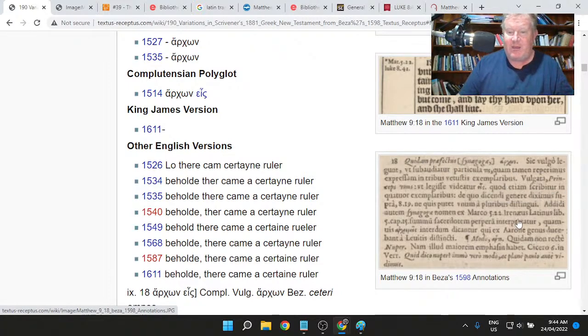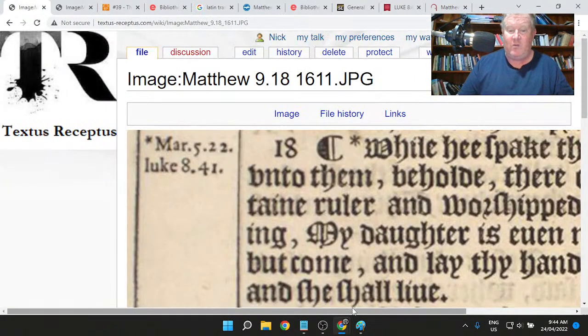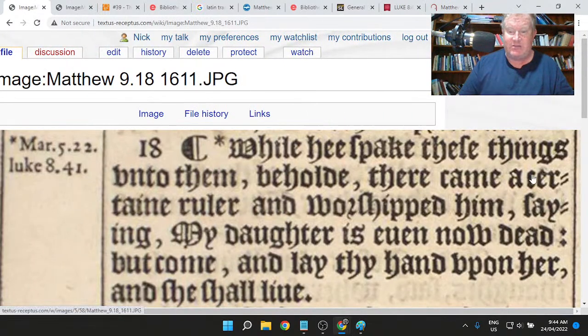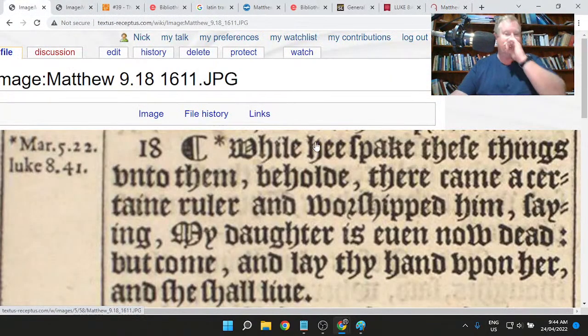So I think we have the testimony of the English, we have the testimony of the Textus Receptus, we have the testimony of Theodore Beza, and I can't see why a certain ruler, which has always come from archōn, needs this other word, ἵς, which is actually related to the critical text. And so I just don't think that's necessary.